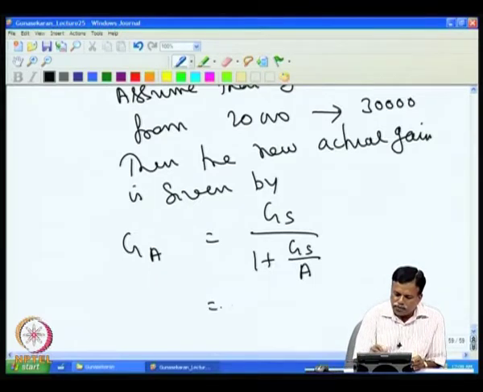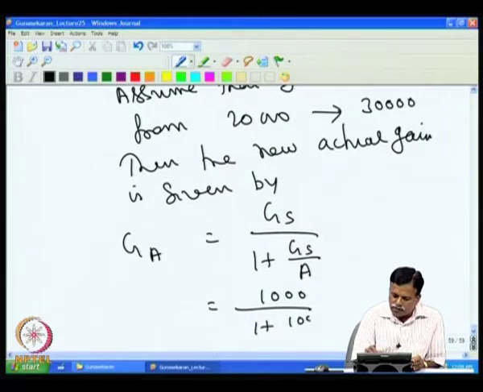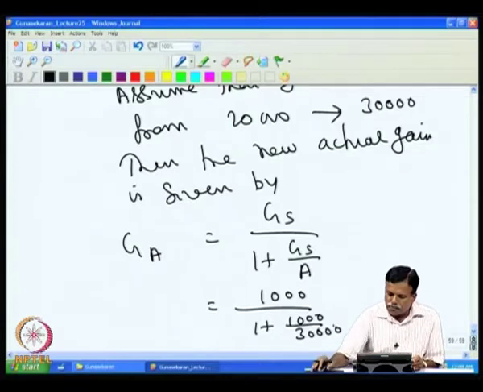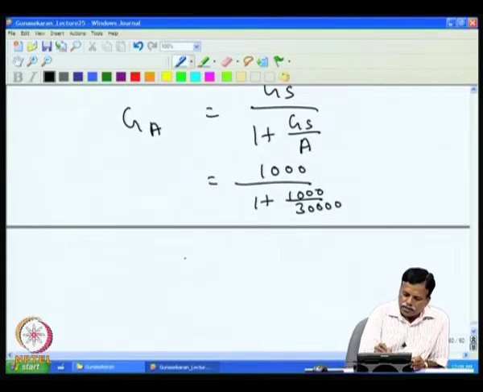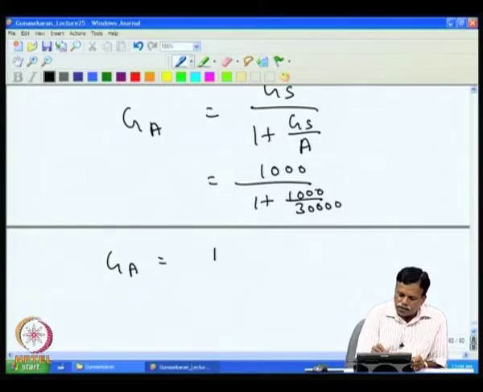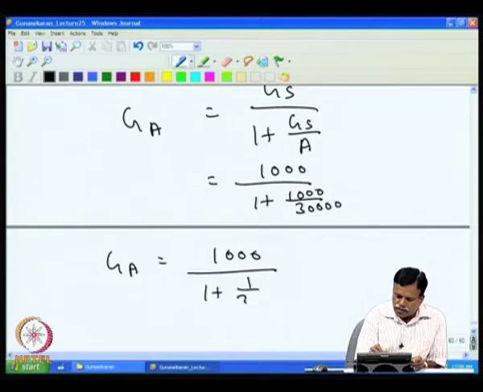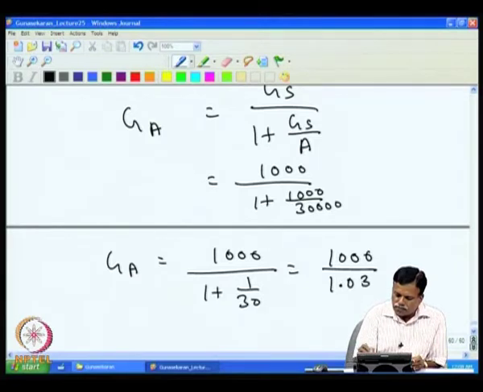This is 1000 divided by 1 plus 1000 divided by 30,000, which works out to 1000 divided by 1 plus 1 by 30, that is 1000 divided by 1.03.